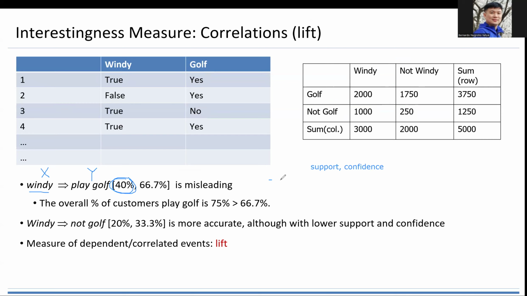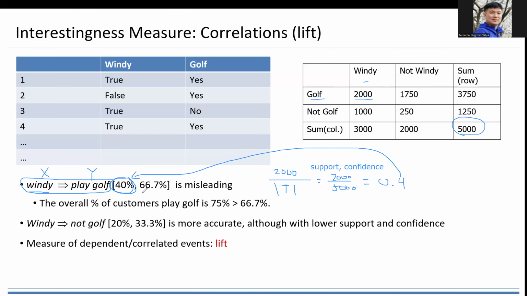As we know, the support is the total of windy and play golf divided by the total transactions. The total transactions means the total data. So the total of windy and play golf is 2000, and the total number of people is 5000. Then we have 2 divided by 5, which is 0.4 or 40%.